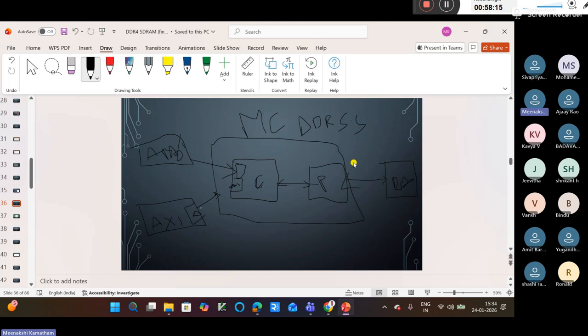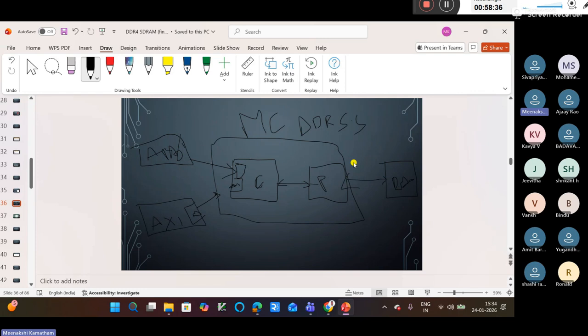Generally, AXI initiating traffic means all the signals like AW address, AW data, AW burst, and AR address, AR data, AR size, AR length, and some other signals like cache, prot, buffer, all the things.